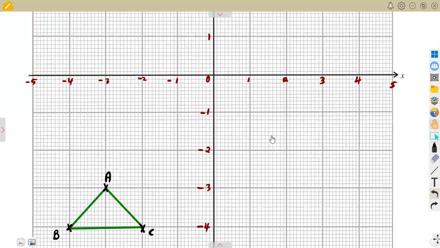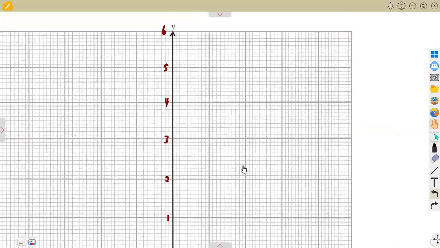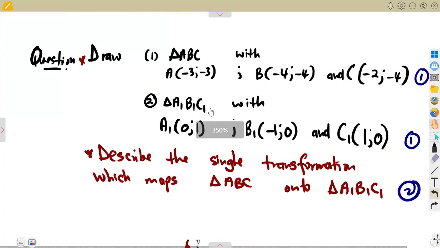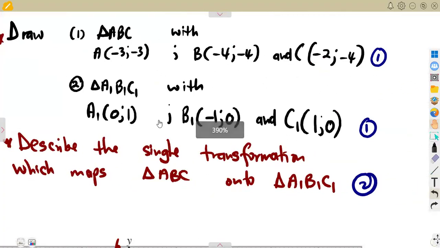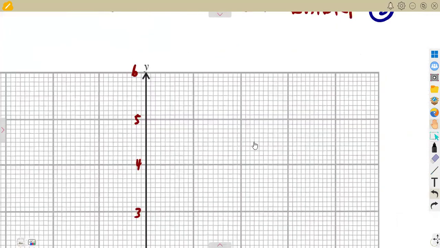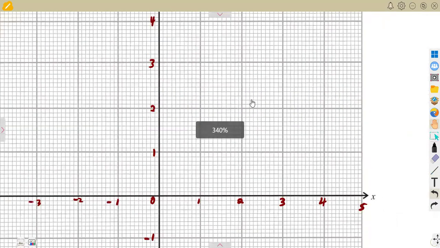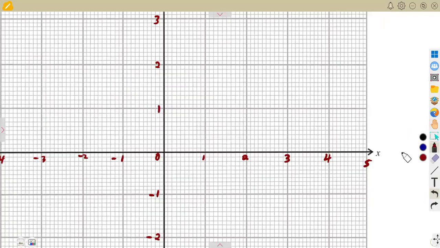Then we move on to the other triangle, A1, B1, C1, with the vertices A1 (0, 1), B1 (-1, 0), and C1 (1, 0). You're going to mark these points just like the previous case. The first point is (0, 1): x is 0, y is 1. We name this point A1.